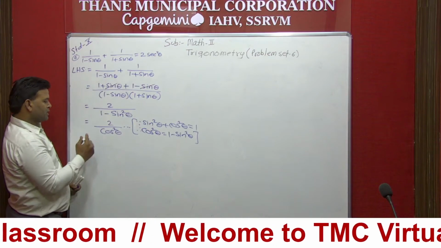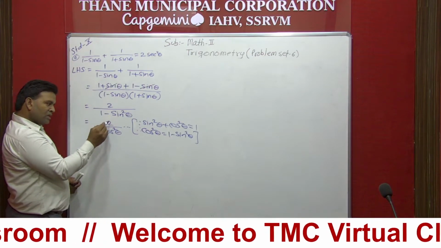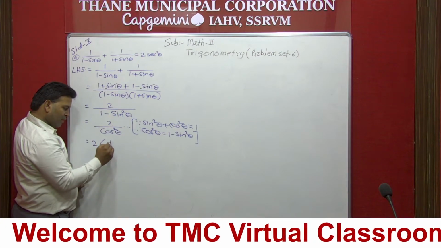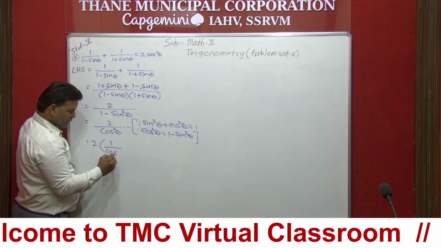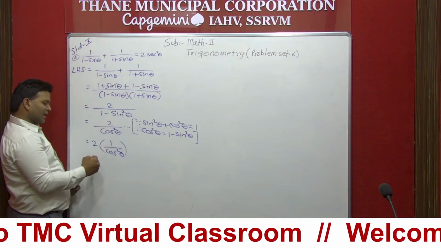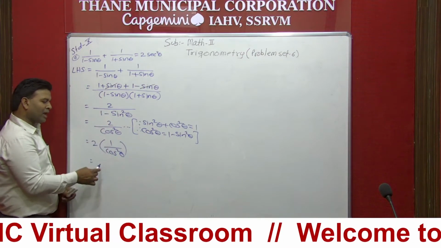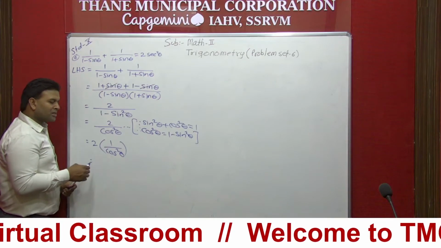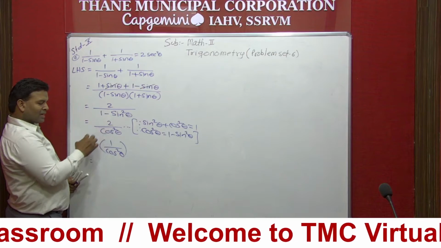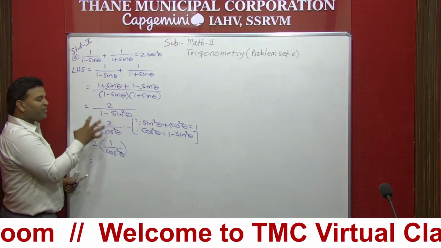Now the next step: I am shifting this 2 here, 2 times 1 upon cos square theta. I can write directly, instead of this step, but sometimes understanding becomes difficult, that's why I'm simplifying the step.